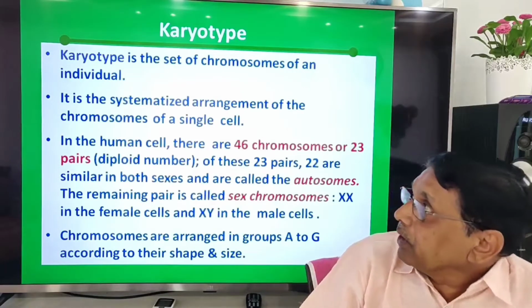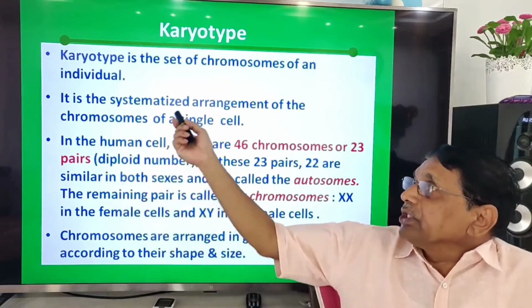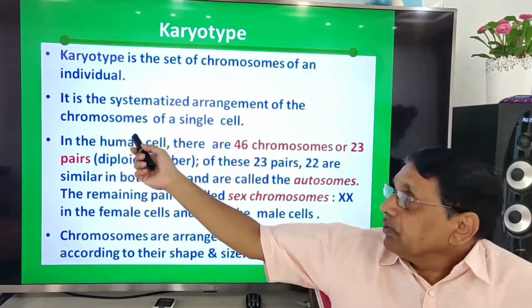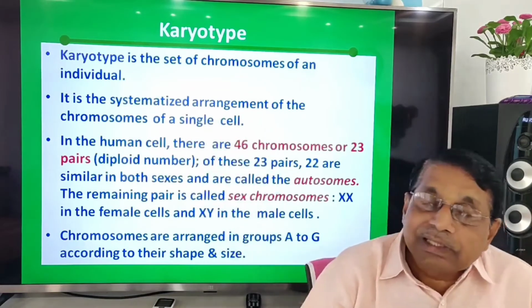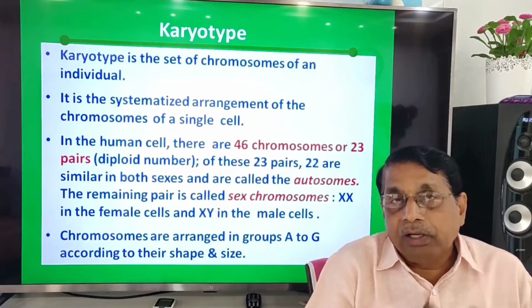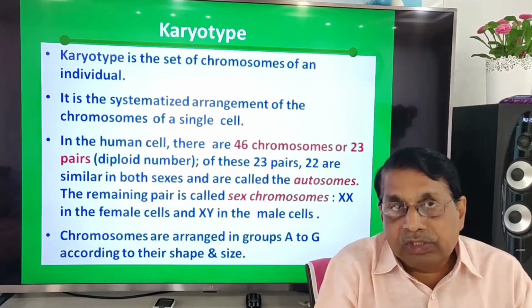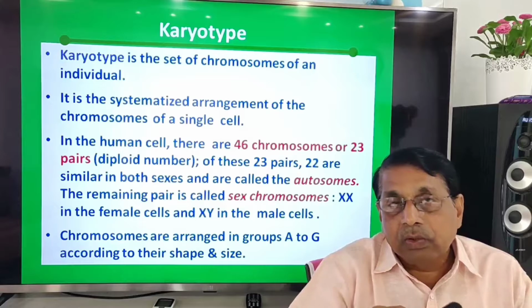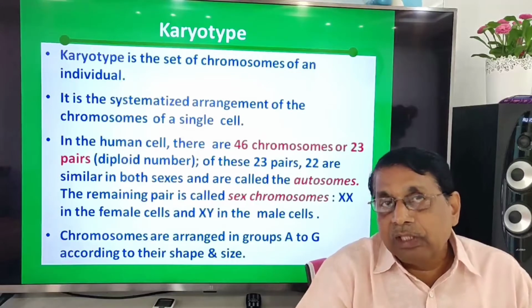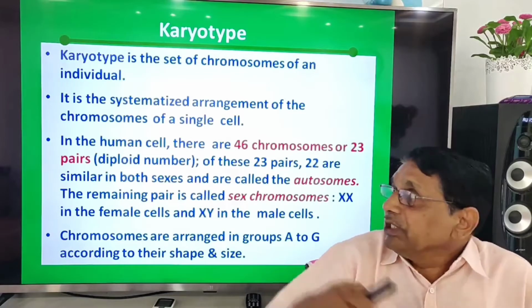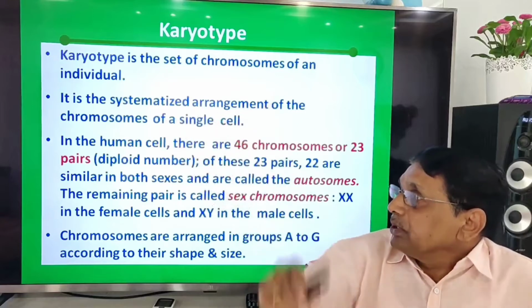A karyotype is a systematized arrangement of the chromosomes of a single cell according to length, centromere position, arms, or telomeres.